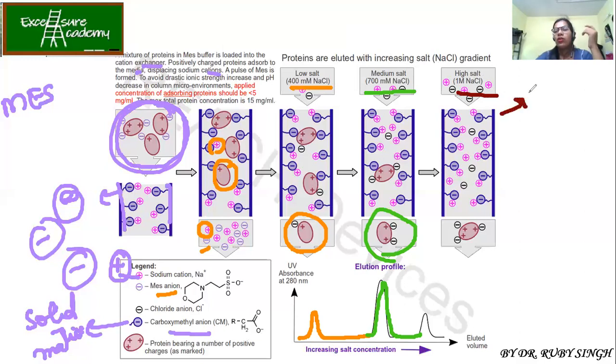We don't go beyond this. So 1 molar NaCl is the last concentration of the salt used, and finally you get all the proteins. You check this in the spectrophotometer at 280 nanometers. However many test tubes or Eppendorfs are present, you take the reading, so you get graphs like this.